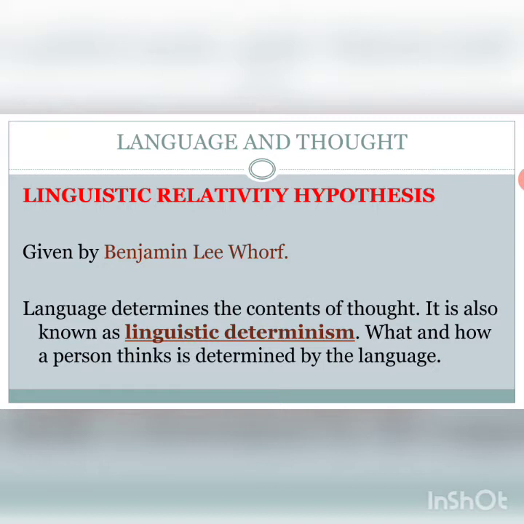That means the role of language is such that it can determine how a person will think and what will be the contents of his or her thoughts. So language holds such an important value according to this hypothesis, where it is actually determining the pattern of thought of the person. But this hypothesis has been controversial.